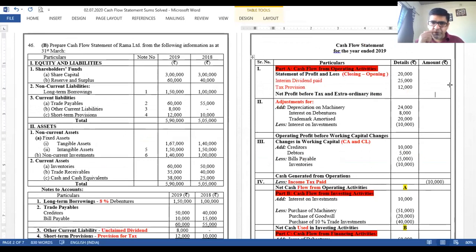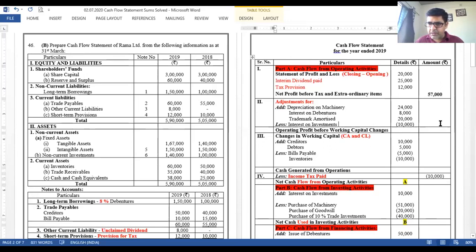The total of the first part? 57,000, sir. The amount to be added and deducted in the second part? Sir, 42,000. Okay, the total of the two now, 57 plus 42, 99,000.